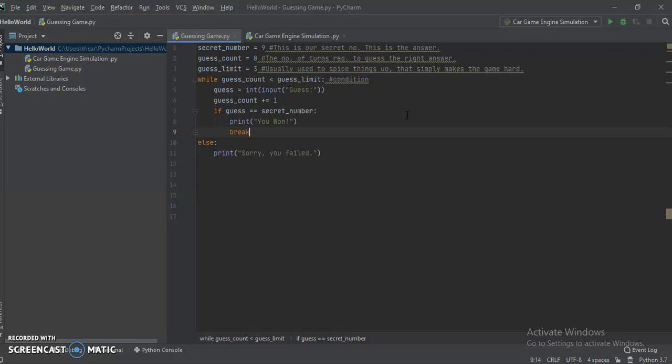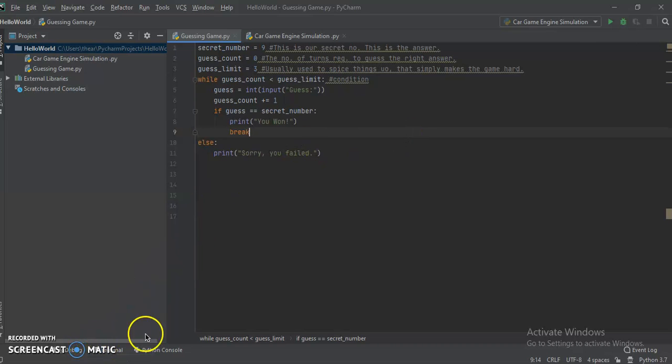So this break is very important, and without it, I don't think that the else would work either. And if you can't guess the right answer in 3 turns, then it will say, sorry, you failed. You don't want to be rude to your customers, they are literally your customers, they play your game. So you don't want to be rude to the game players.